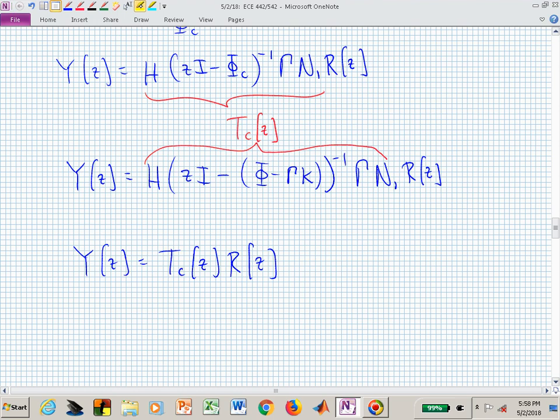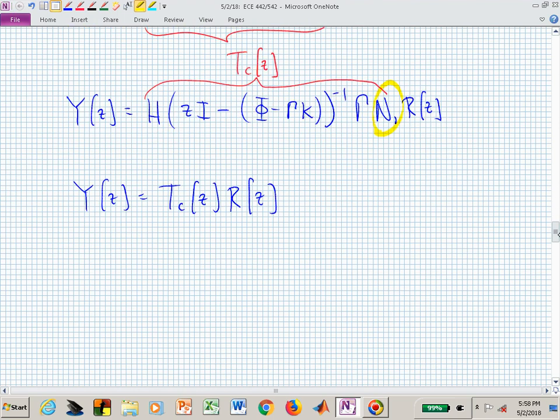Again, if we've already changed the behavior of our system with K, maybe the only thing that's left to be determined is this unknown matrix N sub 1, and if we have a single input, single output system, that matrix N sub 1 is actually 1 by 1. It's really just a scalar.